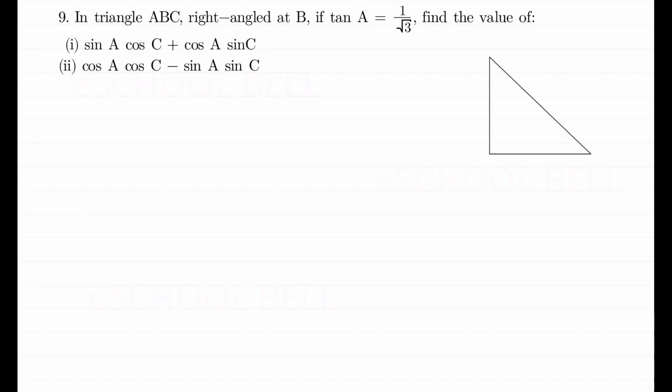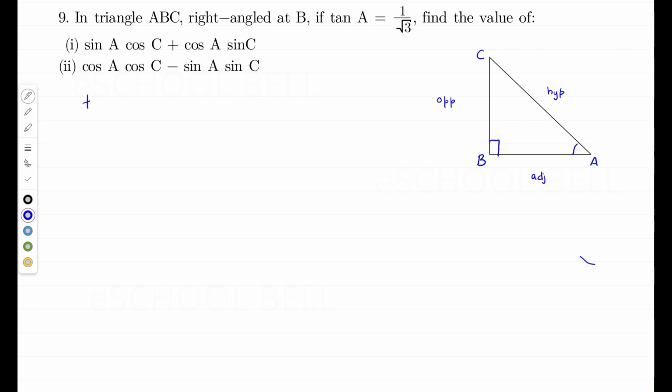Here we have a right angle triangle. We will name this triangle ABC, right angle at B. So this one will be angle B. We will take this as angle A and this as angle C. For angle A, this one will be opposite, this one will be adjacent or base, and this is the hypotenuse.